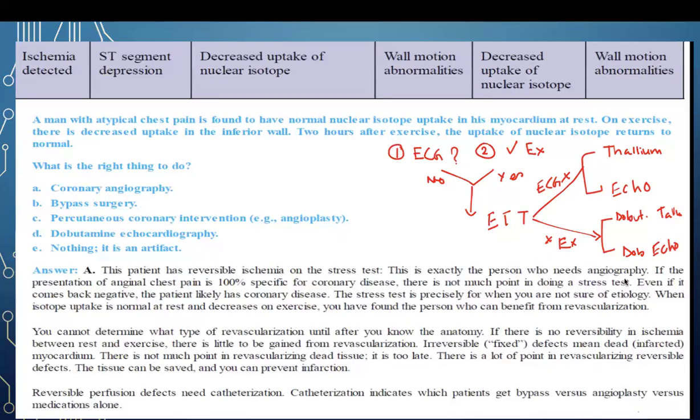So that's how it should happen in your mind. It's not about being unable to read the ECG. It's mainly about ECG abnormality. Yeah, so treadmill and exercise test are the same.